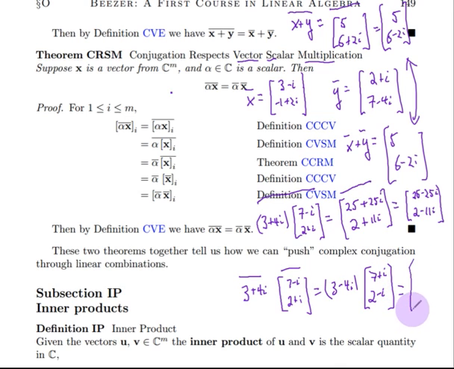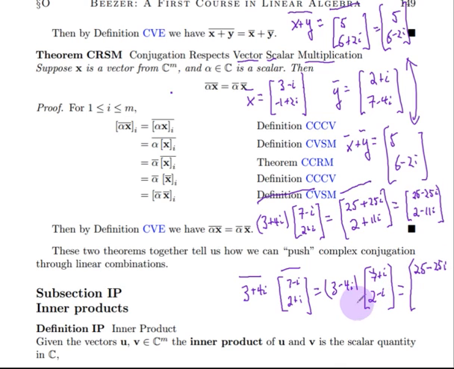Okay, let's do this multiplication now. To get the real part of the first component, I have 3 times 7, or 21. Then I have minus 4i times i, which gives me a plus 4, so that gives me 25, as before. Let's do the imaginary part. Here I have minus 4 times 7, which is minus 28, plus 3 times i gives me 3, so that gives me minus 25i. Okay, looks good so far.